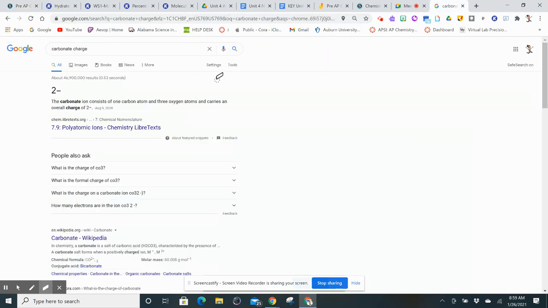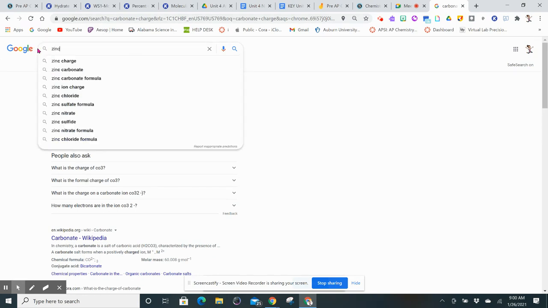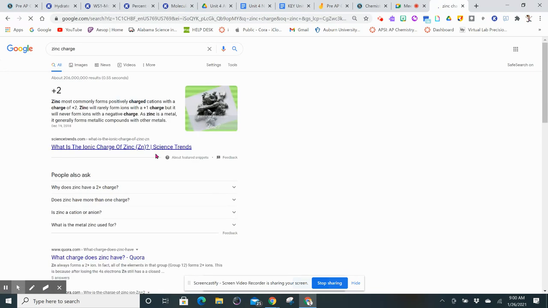I believe zinc is an exception, but let me double check. For the most part, zinc is a +2. So silver is a +1, zinc is +2, and that's all the exceptions for the transition metals.